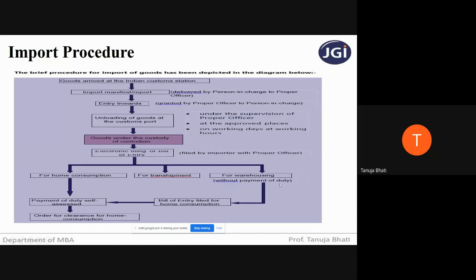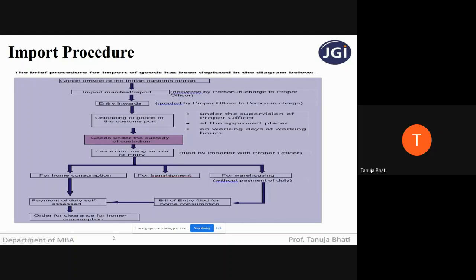Without paying any duty, the goods can be kept in the warehouse. Once the goods are in the warehouse and the importer wants to clear them, it can file the bill of entry for home consumption from the warehouse. It has to pay the duty, and once the payment of custom duty is done, only then will there be an order for clearing the goods for home consumption.